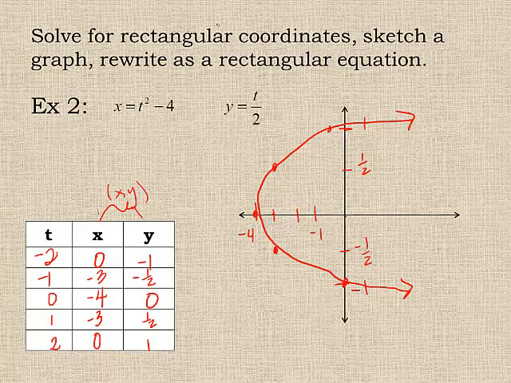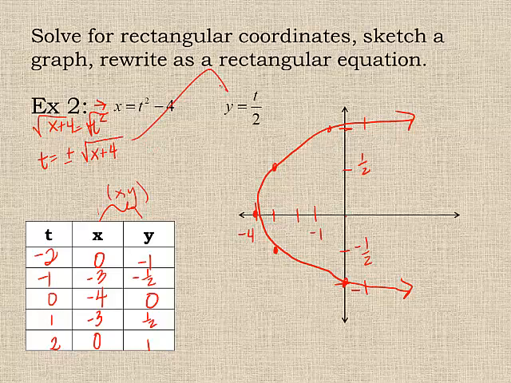That's the first part. Then you rewrite it as a rectangular equation. We just did this, guys. So solve the x equation for t. To solve it for t, I'm going to add 4 to both sides. Then I have to take the square root. So t is equal to plus or minus, remember, the square root of x plus 4.